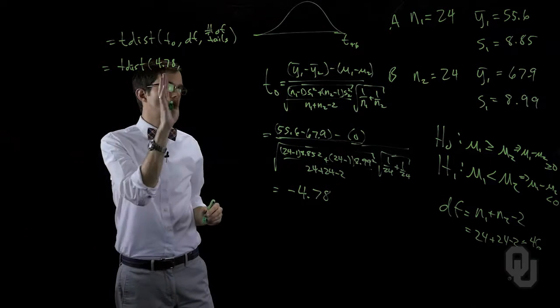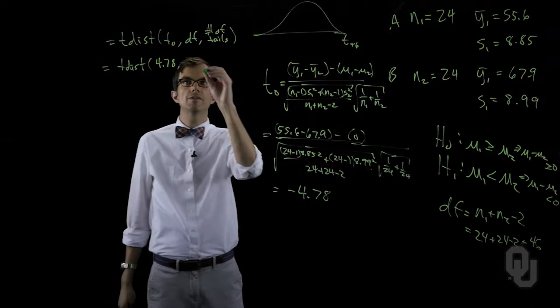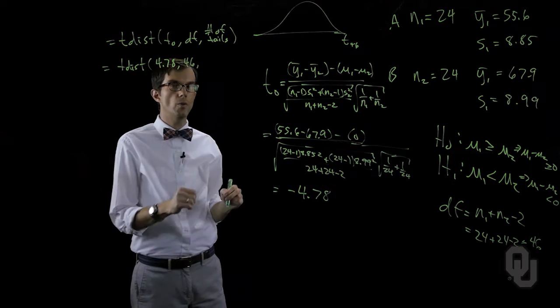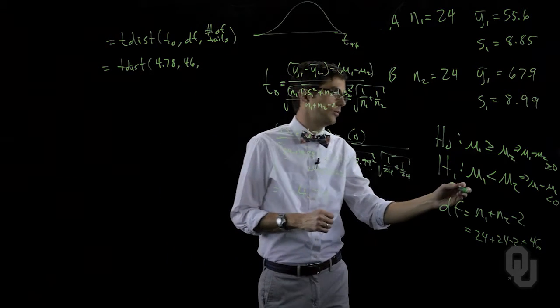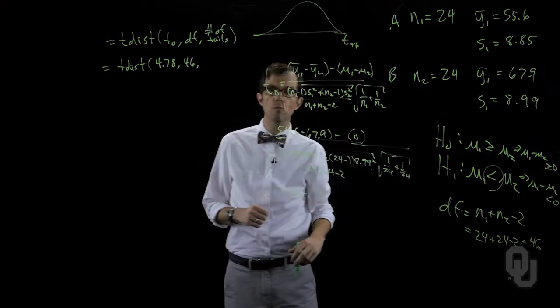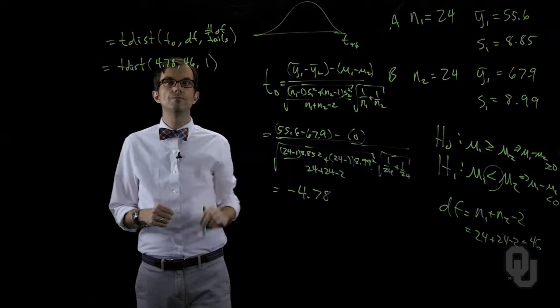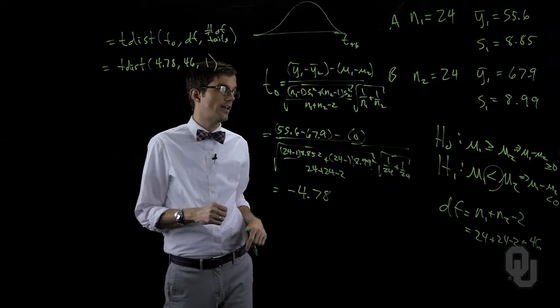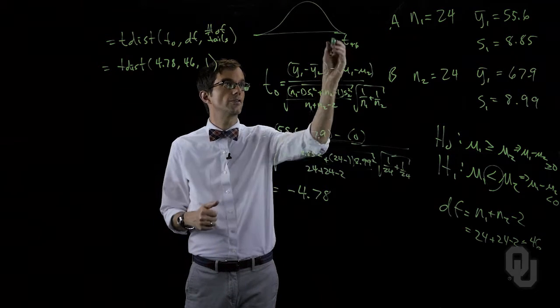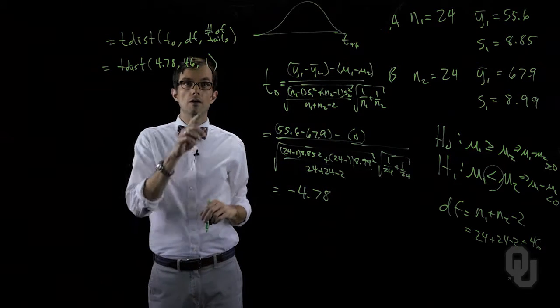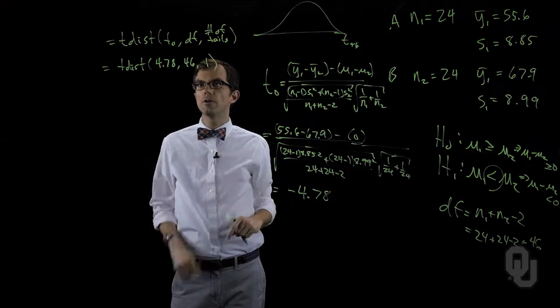Then the degrees of freedom, 46. Then whether we want one tail or two tails. We want a one-tail probability, since this is a one-tail test in the lower tail. We're inputting the positive value, so it's actually going to give us the upper tail, but it'll be the same result.